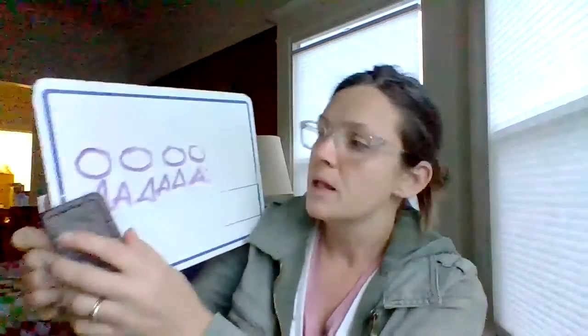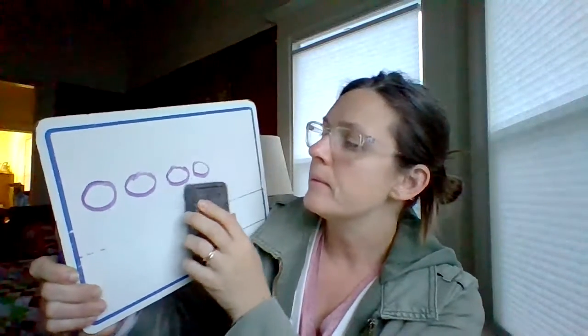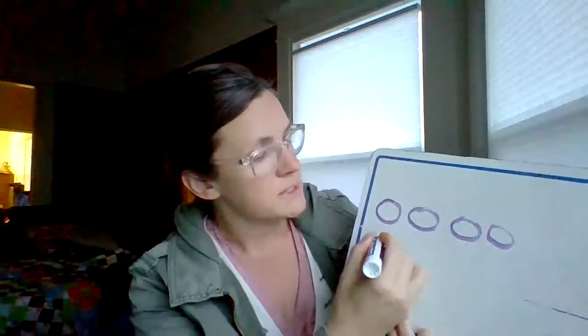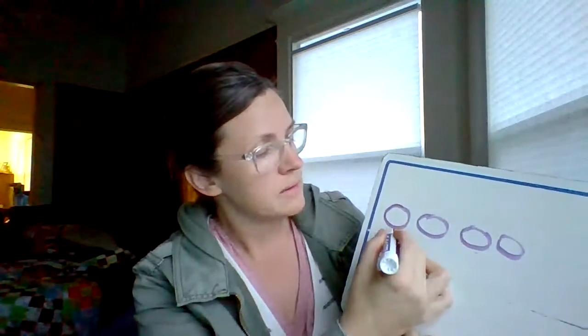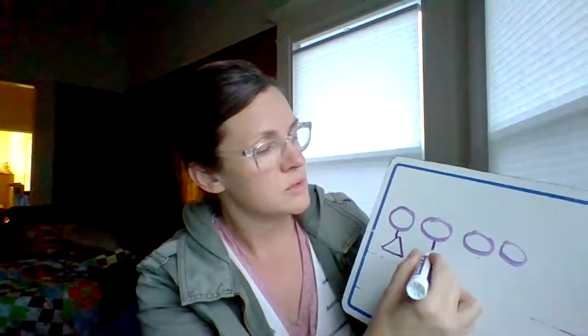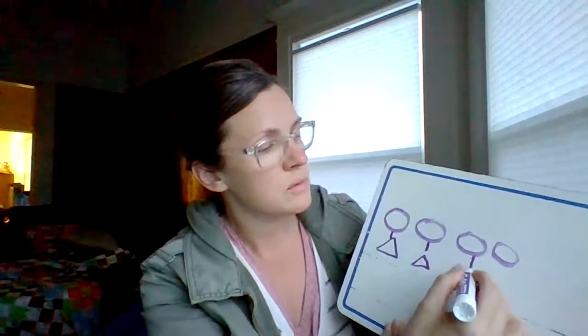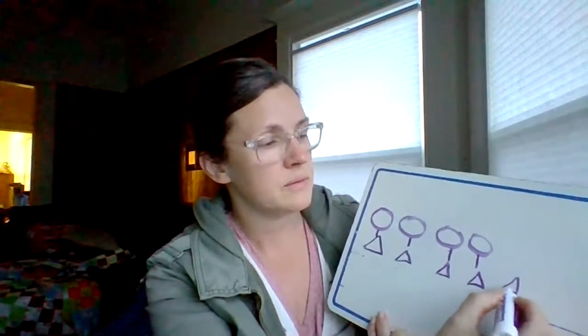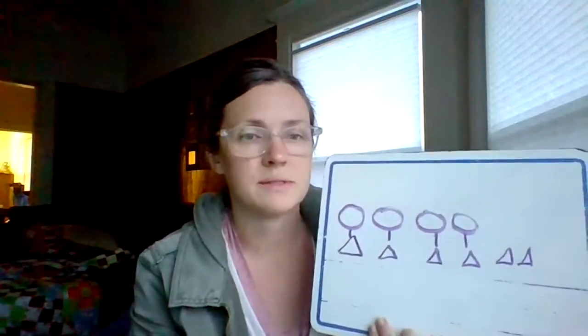When I show how I know, I must line up my drawings. It's really important to line them up. So I would do 6 like this. 1, 2, 3, 4, 5, 6.